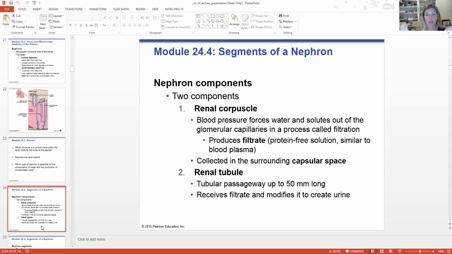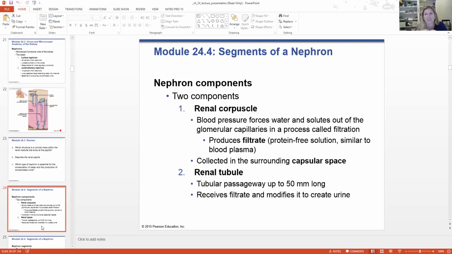It's called the glomerulus, or glomerular capillaries, within this corpuscle. The capsule is creating an area for the stuff that's being filtered out of your blood to go to.